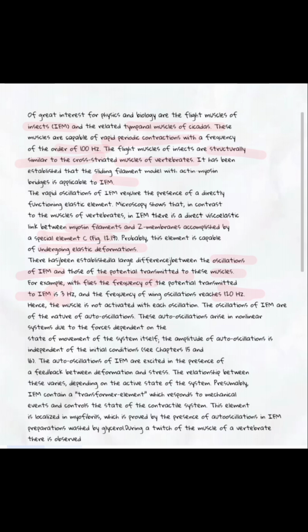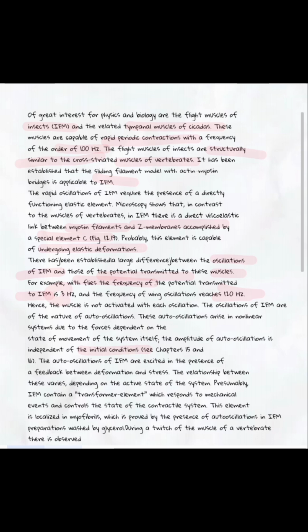The oscillation of the IFM is of the nature of auto-oscillations. This auto-oscillation arises in a non-linear state due to a force dependent on the state of movement of the system itself, and the amplitude of the auto-oscillation is independent of initial conditions.